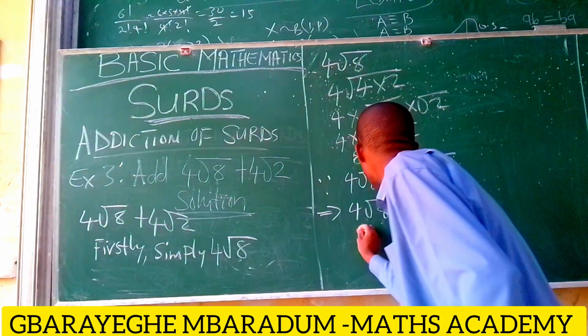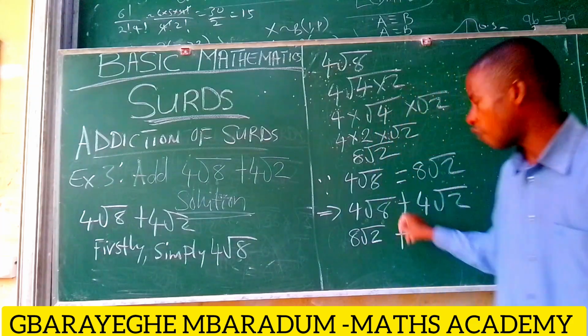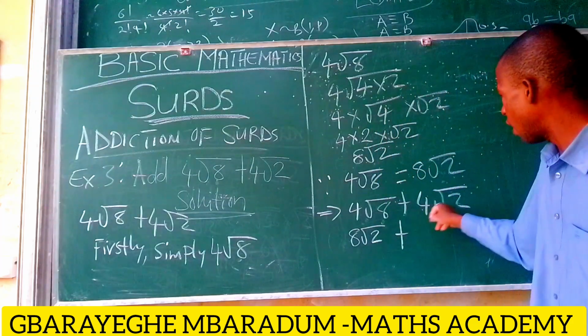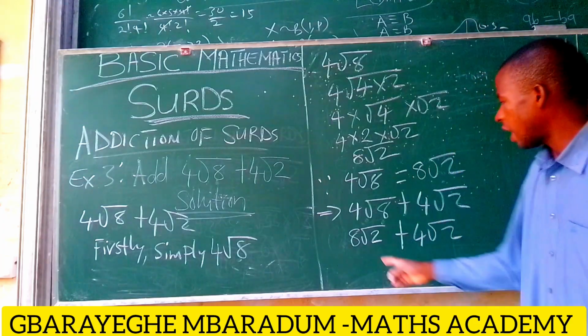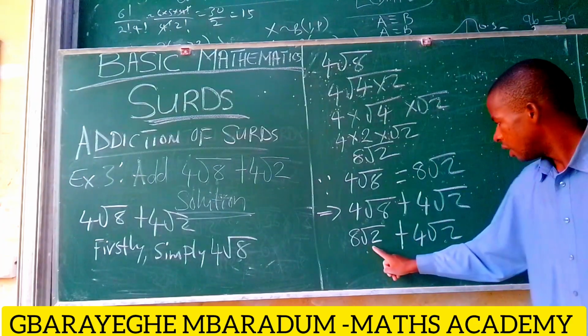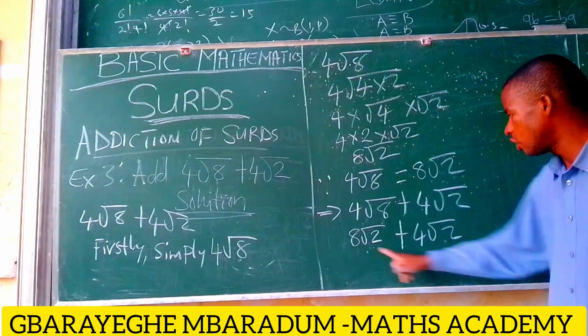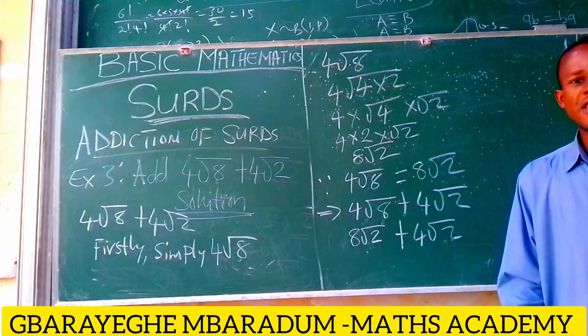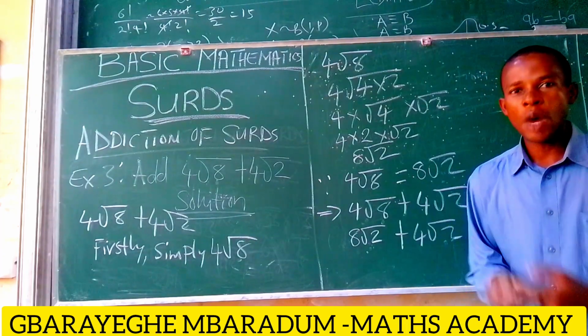We have 8 root 2, plus 4 root 2. Now if you check, they have the same base: root 2 and root 2. They are in the same base. So now we are going to add their coefficients together and take only one of the base.